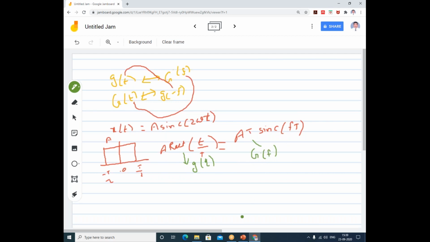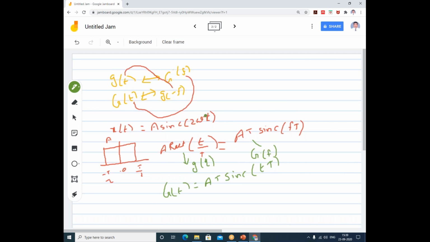Take g of f, take this term, and now if you substitute g of t, what happens if we take g of t? AT sinc. Now I am replacing f with small t, AT sinc of t capital T. Now observe it.